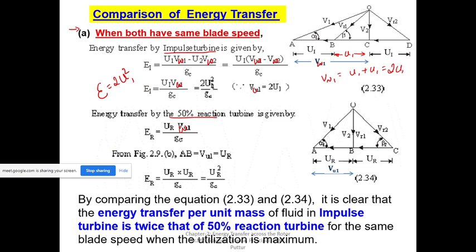What is the energy transfer in reaction turbine? It is just u1 square. So if we compare these two for the same blade speed, the work done or energy transfer in the impulse turbine is twice that of the reaction turbine. Are you getting this one? Any doubts here?